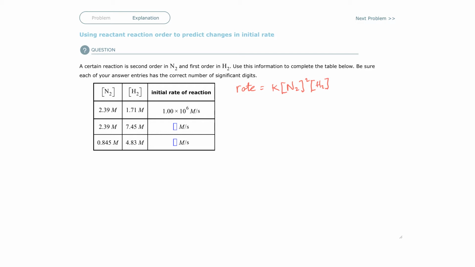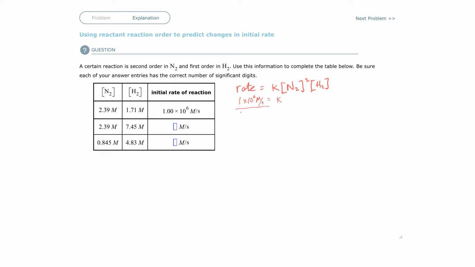So let's figure this out. If they tell you that the initial rate of reaction is 1 times 10 to the 6th molar per second, and they give you everything but K, I guess we could solve for K. K is going to be equal to the rate divided by the concentration of nitrogen twice.